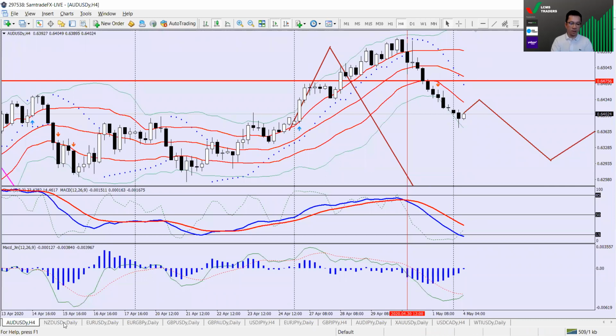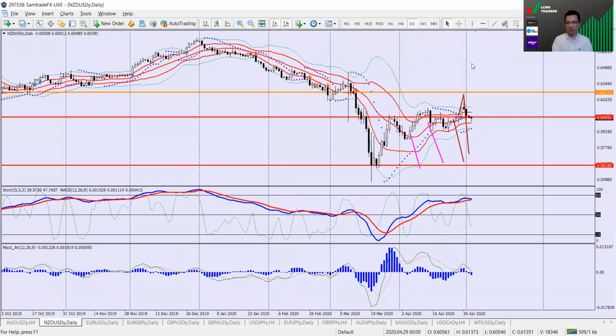Okay, so I'm looking at the New Zealand dollar. It's sitting at a support level right now at 0.6048 or 0.6050. I do think that the likelihood of a downward move is again going to be quite high, right?